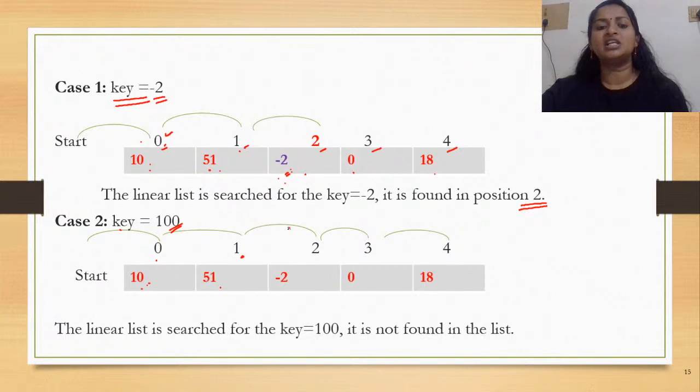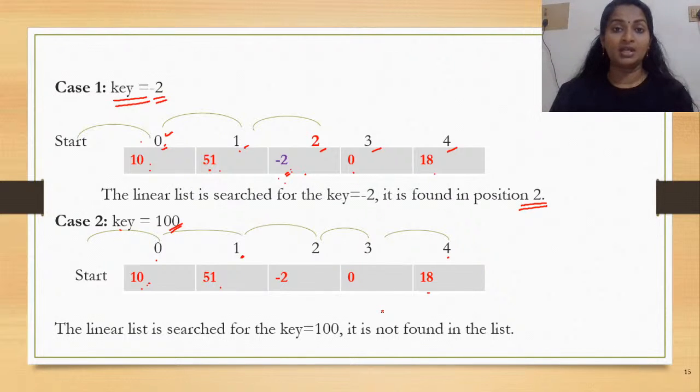Now, the process continues. Each time it increments the position and checks the element inside. I find that it is not getting matched because the value being searched is 100, right? So I move on till the last position and I find that I have come out of the list.